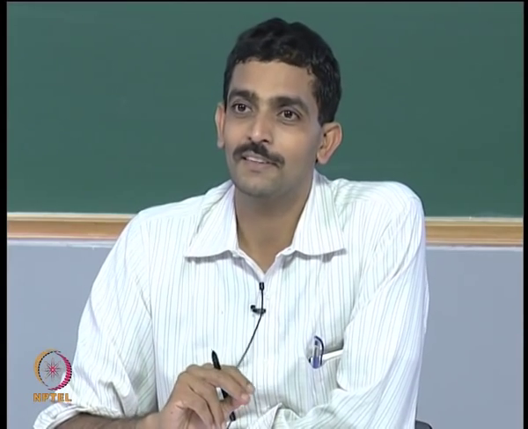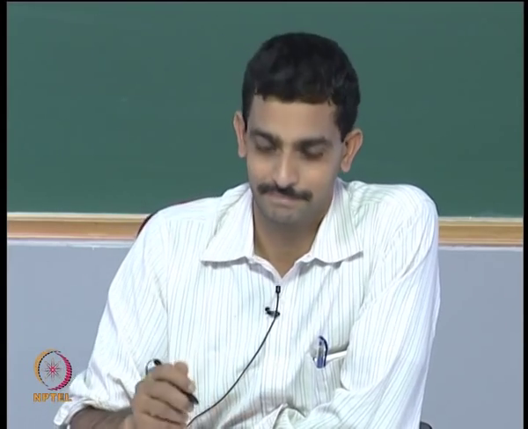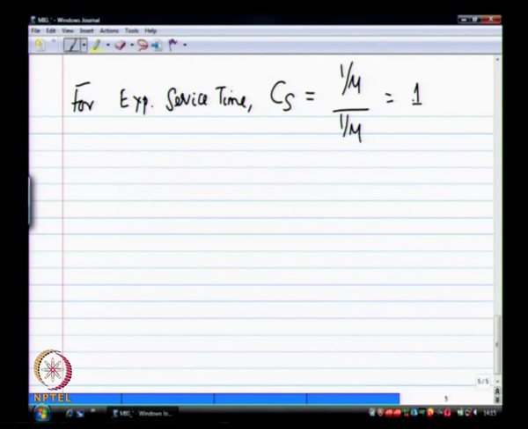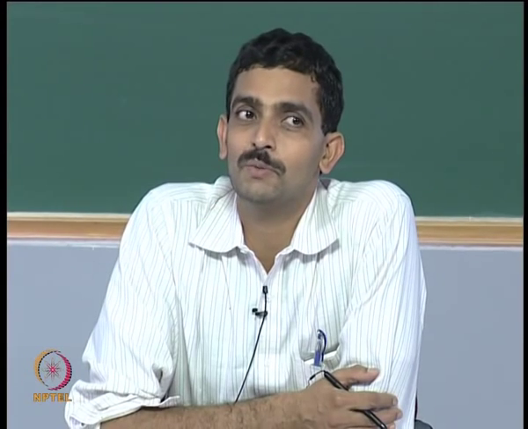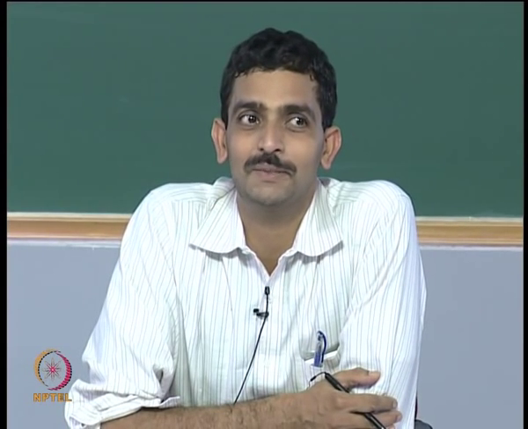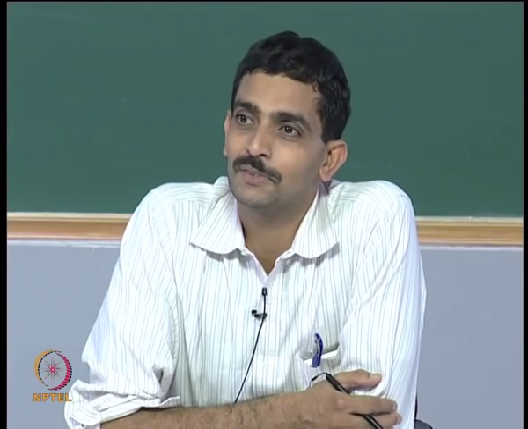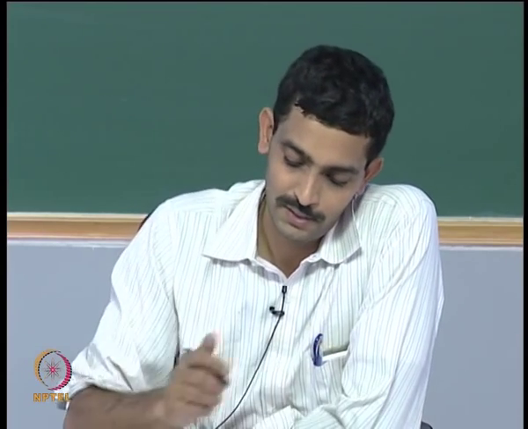In the case of exponential, the standard deviation equals the mean. Because E of S squared is 2 by mu squared, minus 1 by mu squared, therefore the variance equals 1 by mu squared. For exponential the variance is 1 by mu squared. Again, if we go back to our definition, some things you have to go back and figure out, and therefore the standard deviation is 1 by mu. So this is the only case for which CS equals 1, and then of course 1 plus 1 by 2, and then that formula will apply, right.